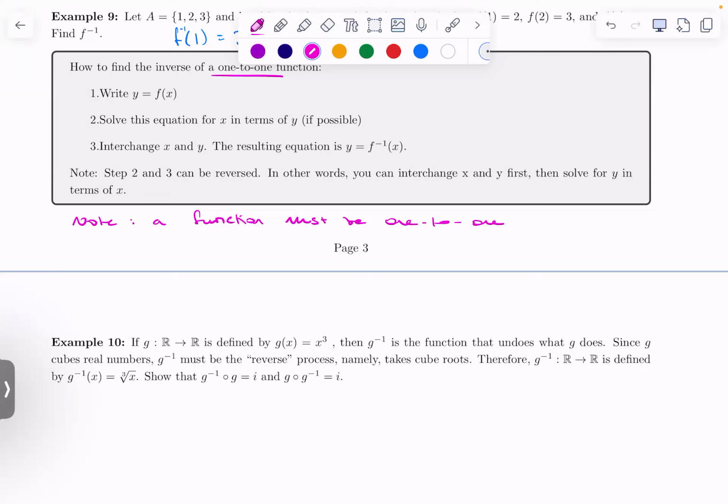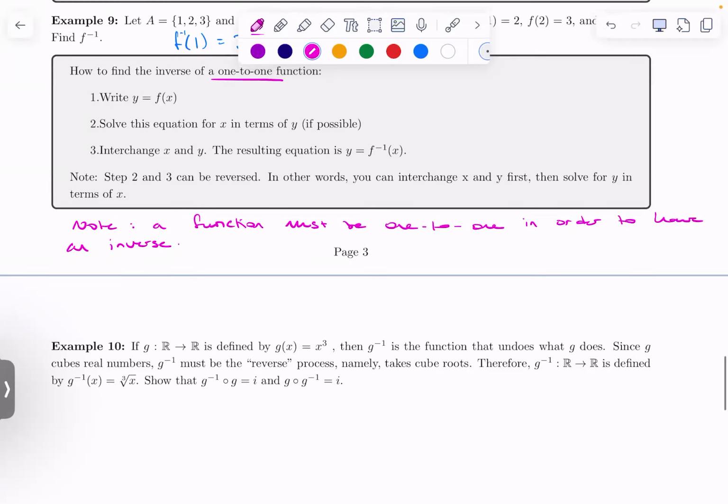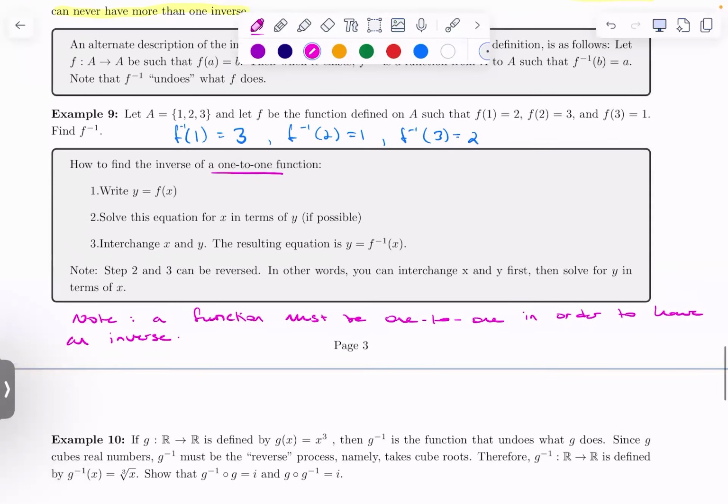And so we don't really test it, but I will show you how to show that it's one-to-one. A function must be one-to-one in order to have an inverse. I haven't really shown you how to check, but I will.